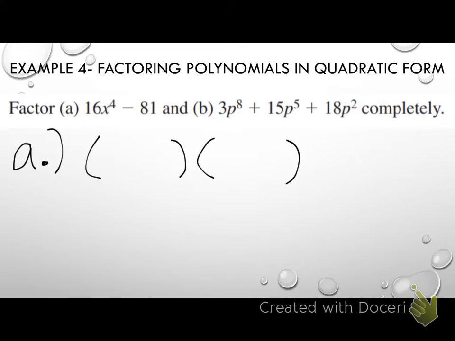Start off by creating our parentheses. What goes in the first spot of each set of parentheses? The variable. Not quite. I mean, we will have a variable in that spot, but there's something else that goes with it. So remember how we find both those spots.